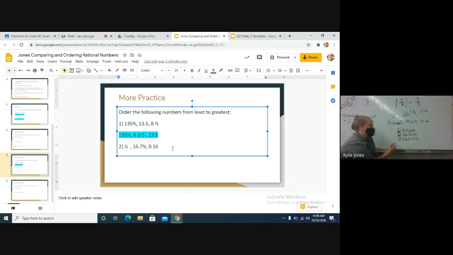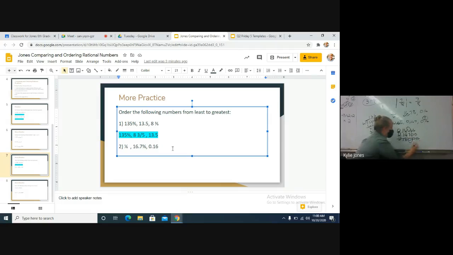We can't compare the ones. You can't compare the 6s because they're all the same. But now we have differences in this place value. Which one is the least? The 6, the 7, or the 0? The 0. So this is our first one, number 1.